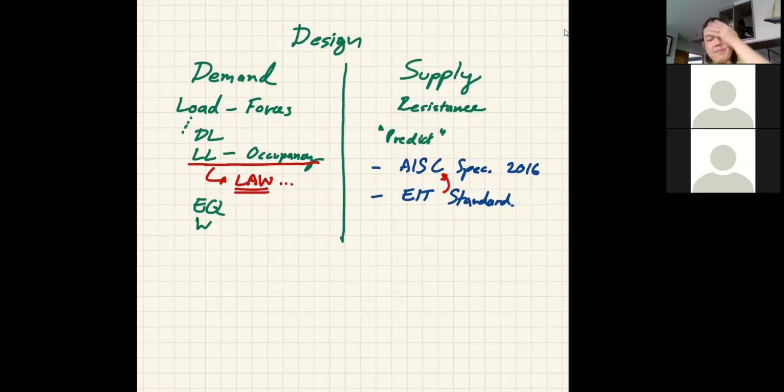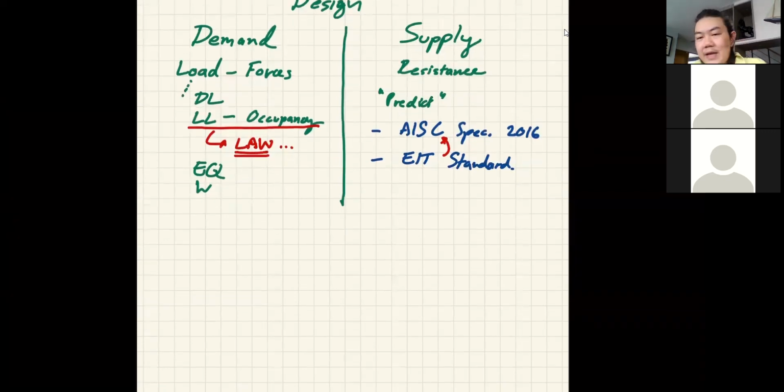Okay, so let me move over a little bit here, because I always start the class like this. The predicted strength is, in fact, the strength of your structure based on calculation. Let me call that with an R. So the strength based on calculation, or the predicted strength, we call it nominal strength.